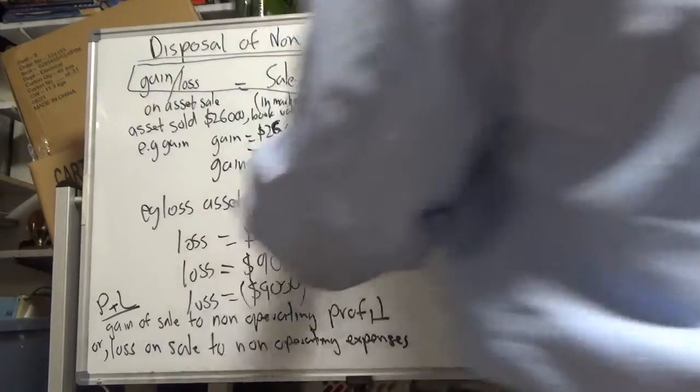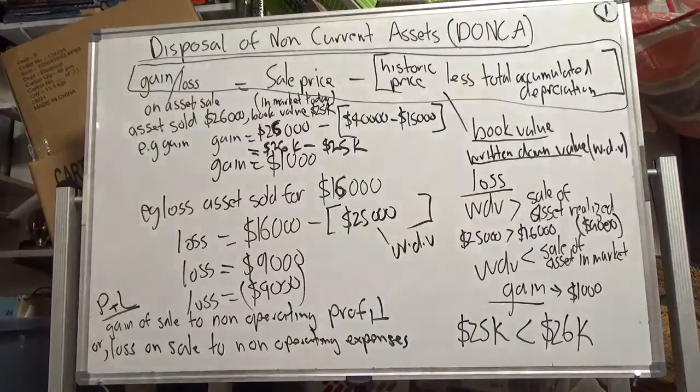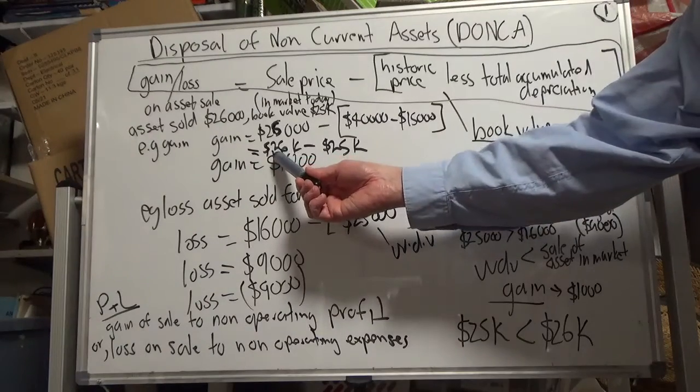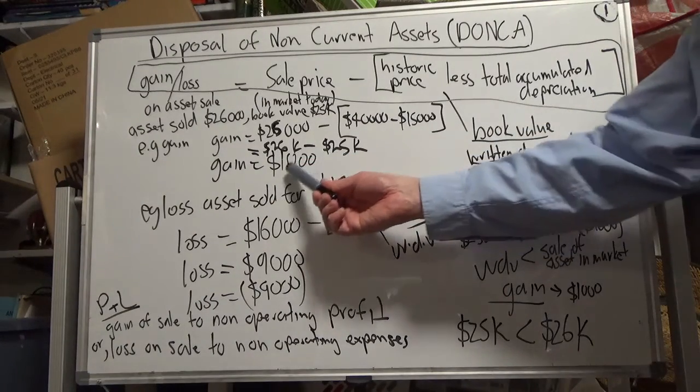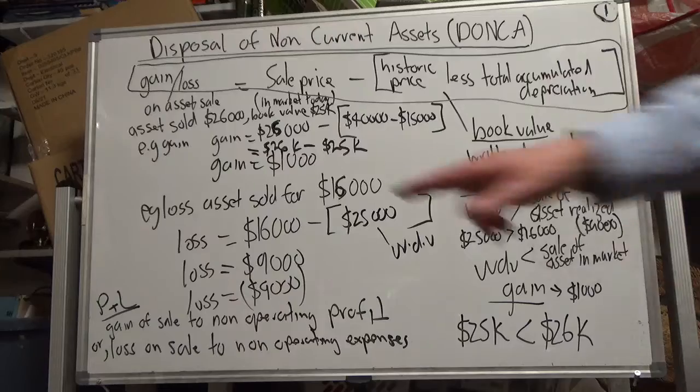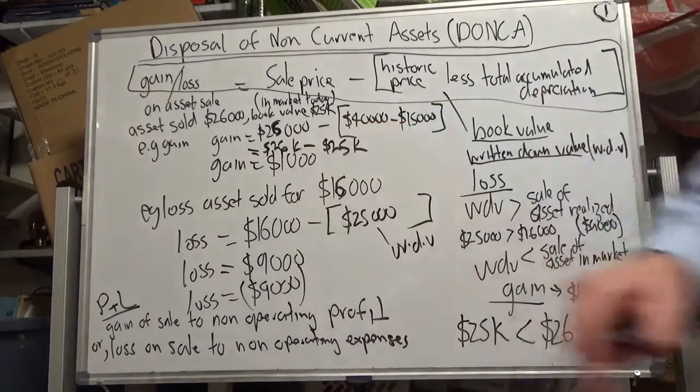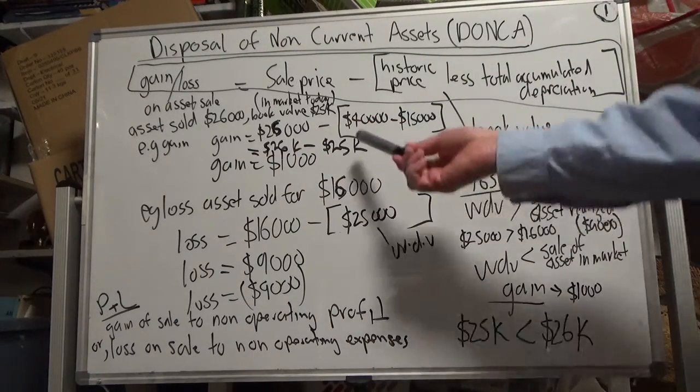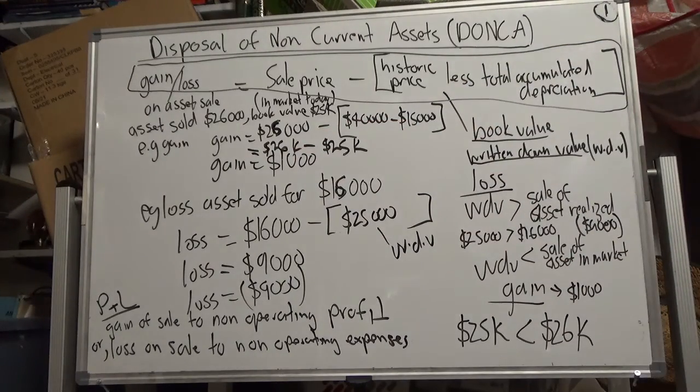So I'll just write in another line. 26k minus 25k, k being short for thousands. So you can see here 26,000 minus 25,000 gives you 1,000. That's a gain because you sold it for 26,000, which was higher than the book value.